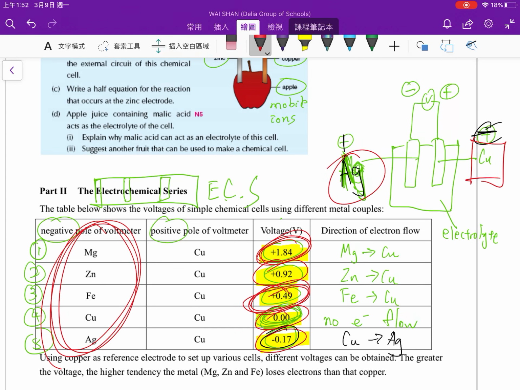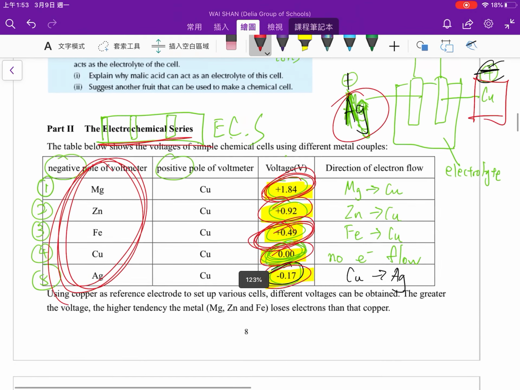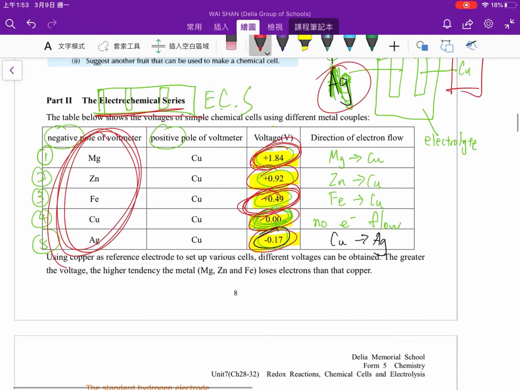Then we can arrange the metals, and this ranking of the metals is called the E.C.S., the electrochemical series, arranged according to the voltage.